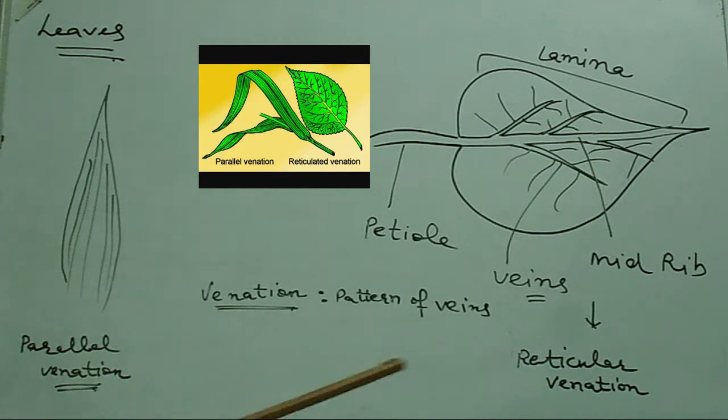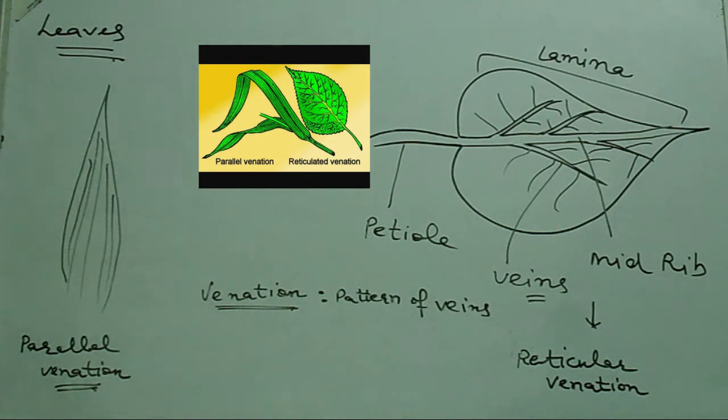And when the veins look parallel to each other, very parallel to each other, the venation is called parallel venation. And one thing more I want to tell you, that reticular venation is present in most of the plants.